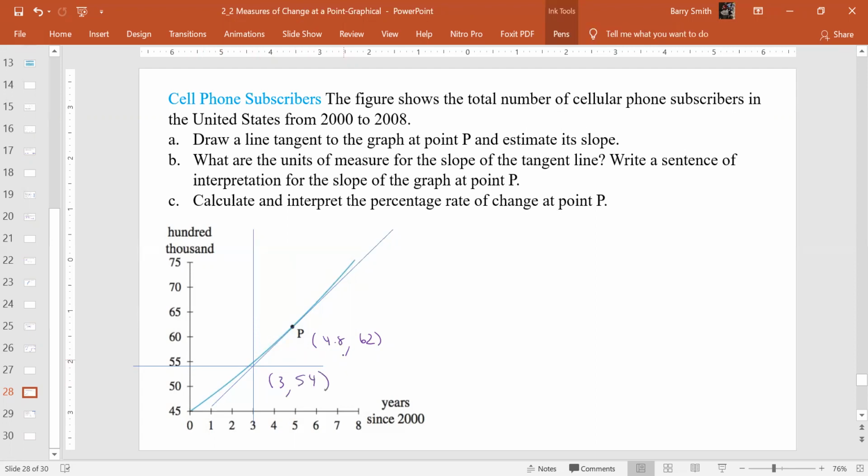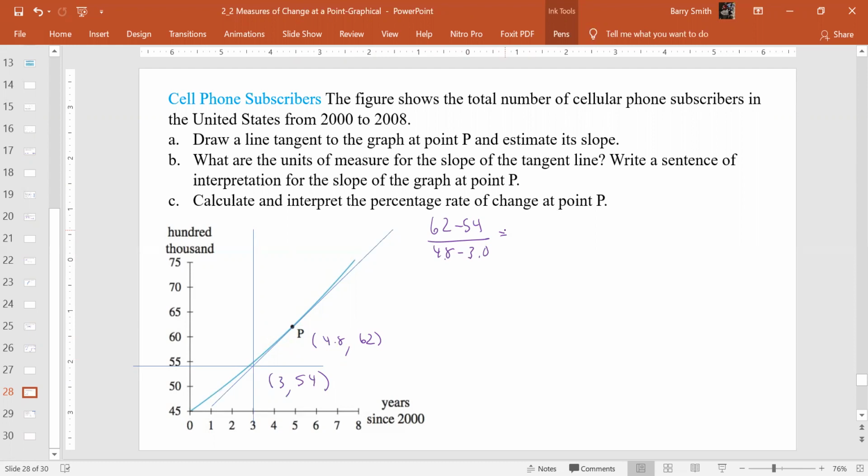We'll call it 54. Okay, so our slope, we say, is roughly 62 minus 54 over 4.8 minus 3.0. And so if we do that, we have 62 minus 54 divided by 4.8 minus 3.